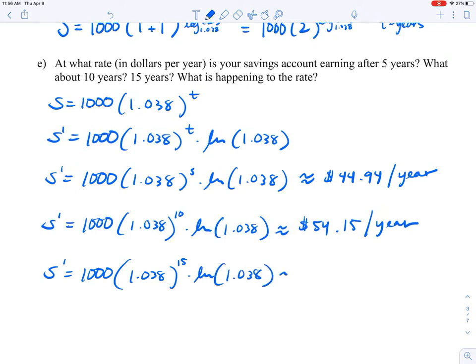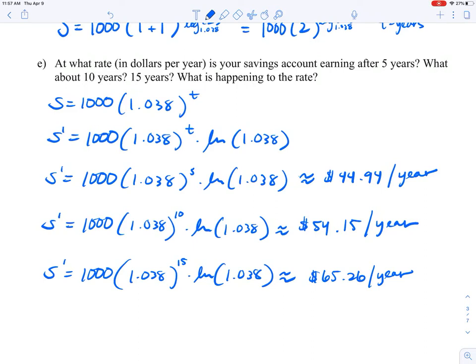So if we plug 15 in, okay. So notice that we can clearly see that the growth is not linear. It is not the same rate each year, in dollars per year at least.